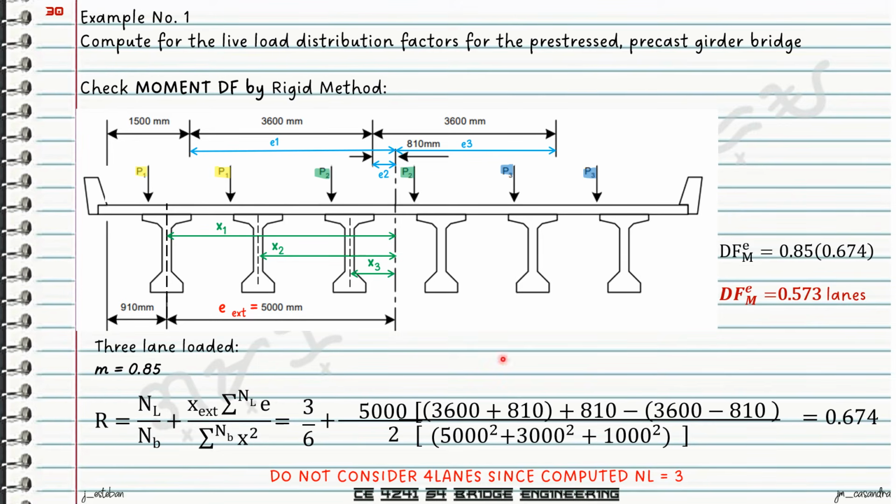So meaning for rigid method, we solve for your distribution factor until the total NL computed with the equation roadway width divided by 3,600. Okay? So if what we computed using this equation is, let's say, 6 lanes, then you have to compute for the distribution factor by rigid method until 6 lane loaded.